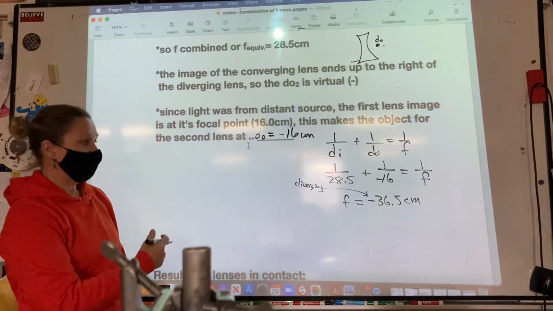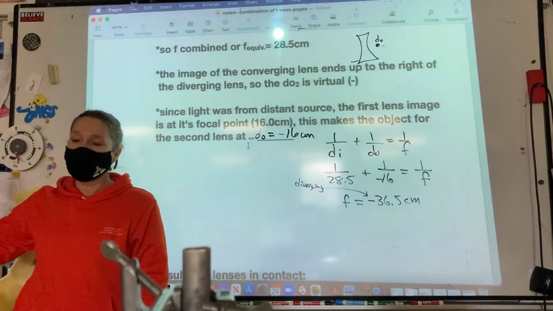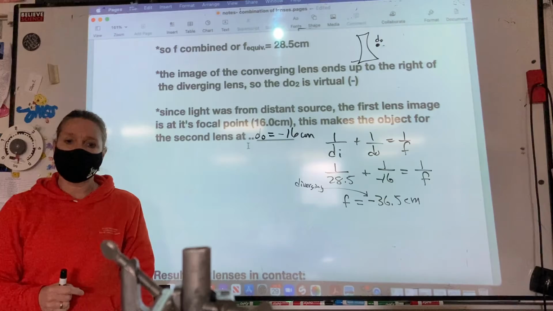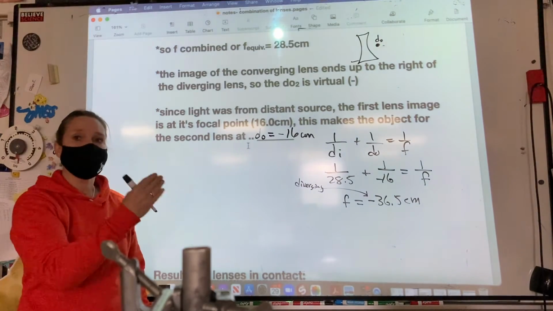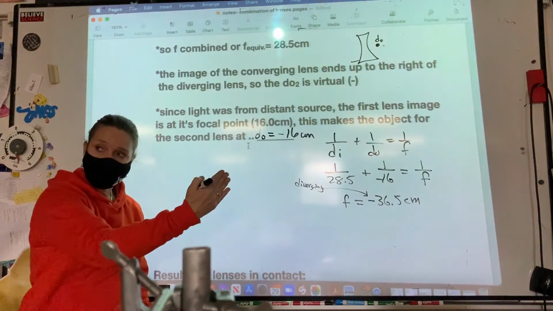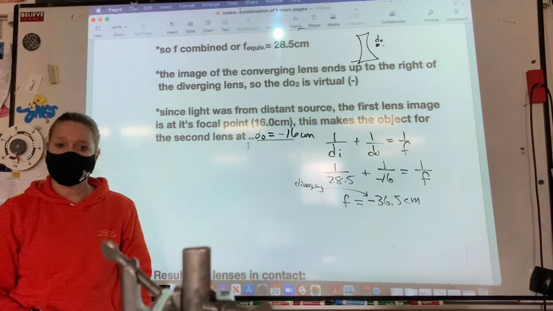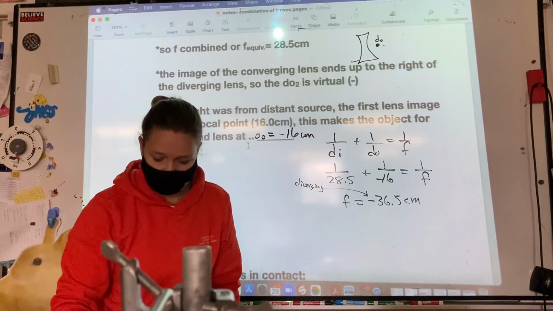Do you see how this became super simple math by making light from a distant light source? If you just measured that combo's focus, where the image was, you can find the focal length of that lens. Kind of cool.